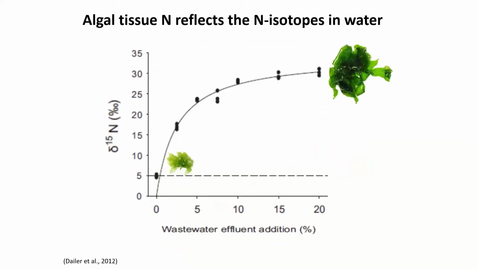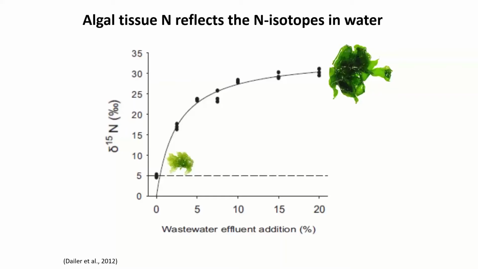And as Kim briefly mentioned, we can actually use the isotopic signature of these seaweed tissues to indicate the source of that nitrogen. It works like this: as you add wastewater to these algae in the lab, they quickly take on the isotopic signature of the source.